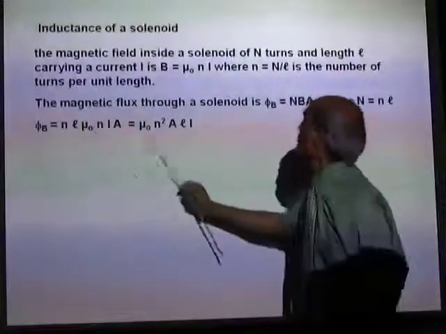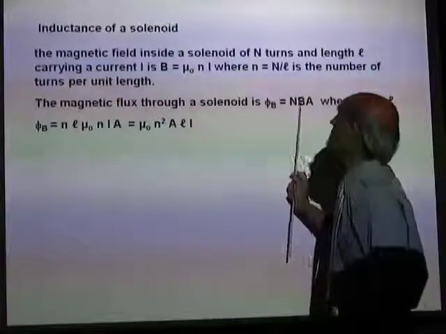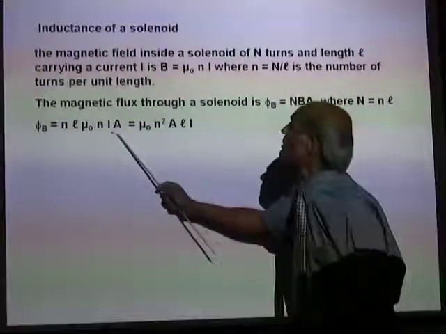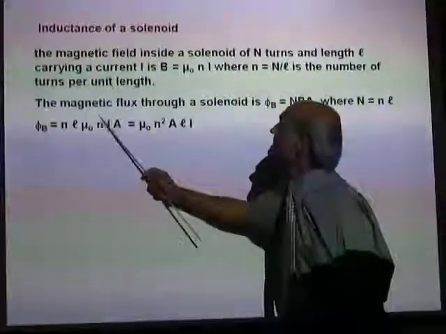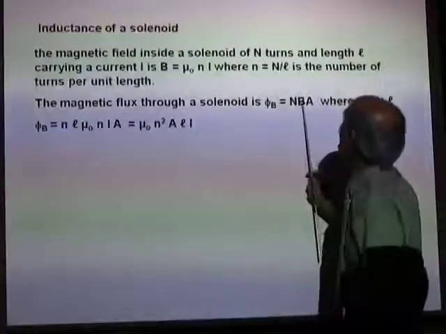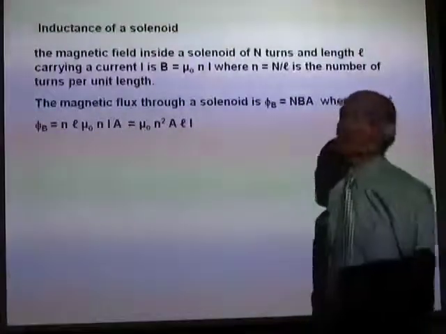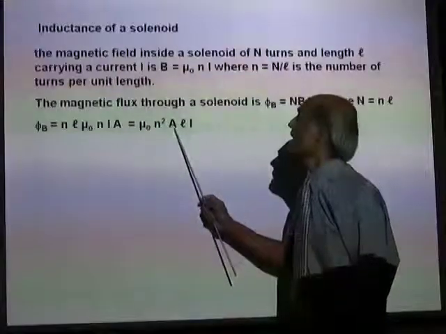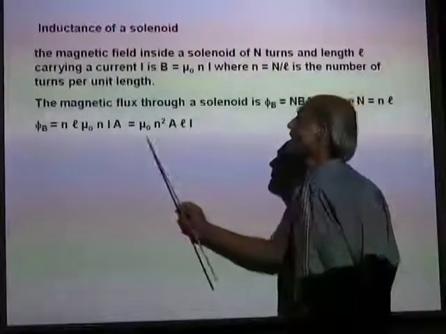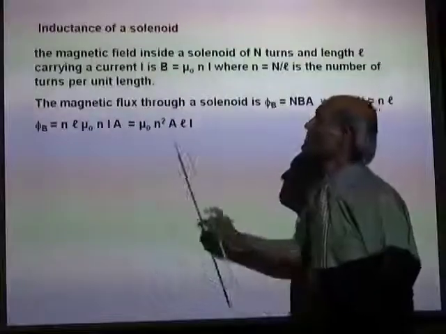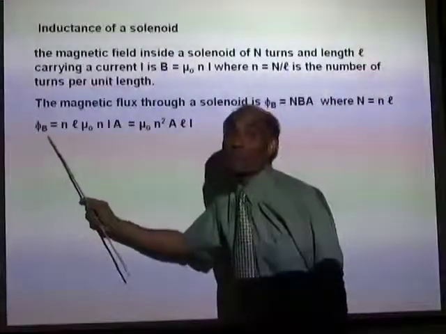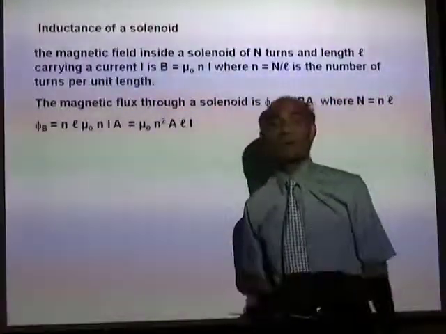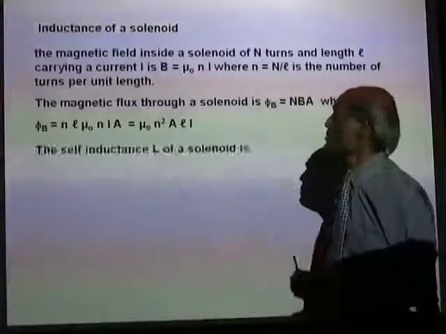Of course B is mu0 n I. That's the expression we substitute for B and A. And that's equal to mu0 n squared A l I. This is the expression for magnetic flux generated by current I in a solenoid.